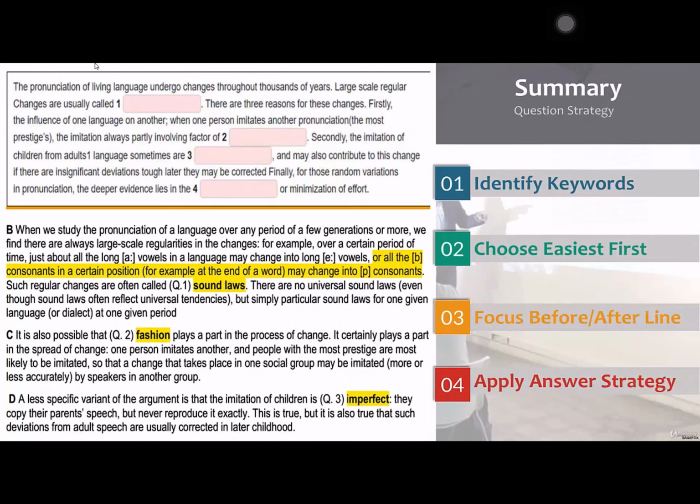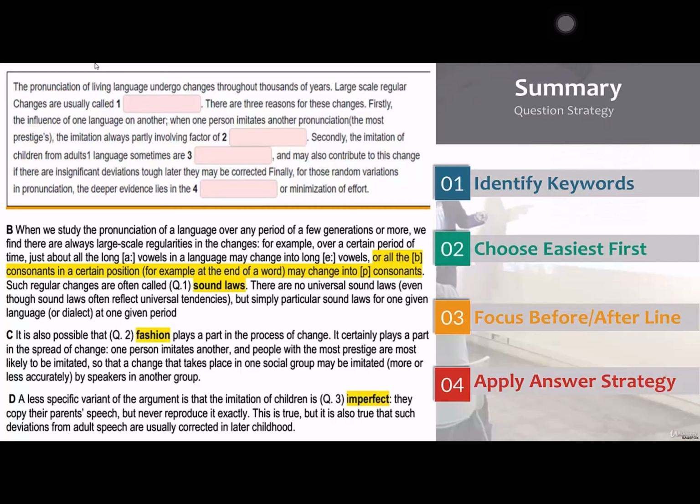Now, here's an example of the open style, where you don't have to pick answers from a box. So when we look at number one, right? And number one is coming from paragraph letter B. Okay? So it says the pronunciation of living language undergoes changes throughout thousands of years.